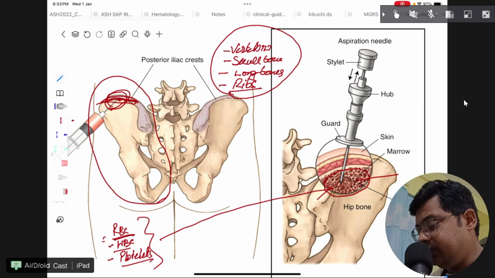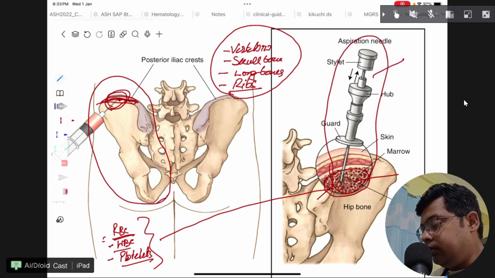Then we first introduce the bone marrow needle. Here in this picture, you can see a bone marrow aspiration needle. But with this needle, you can perform bone marrow aspiration only.